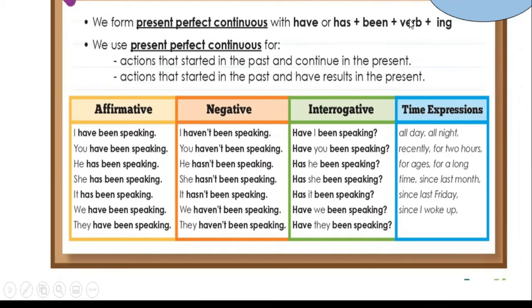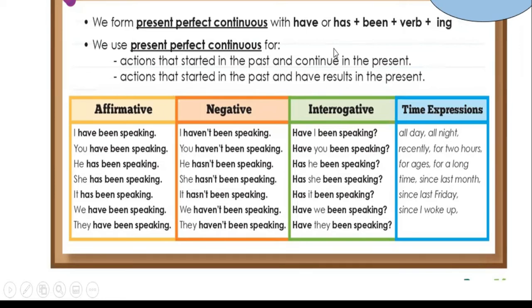You can change the verb, yeah? For example, I have been working. I have been working, yes? Or I have been writing. I have been studying, yes?